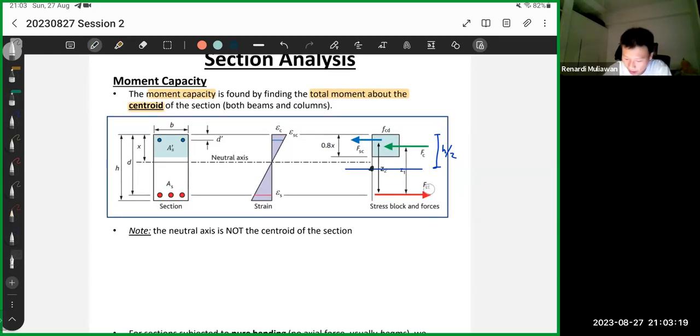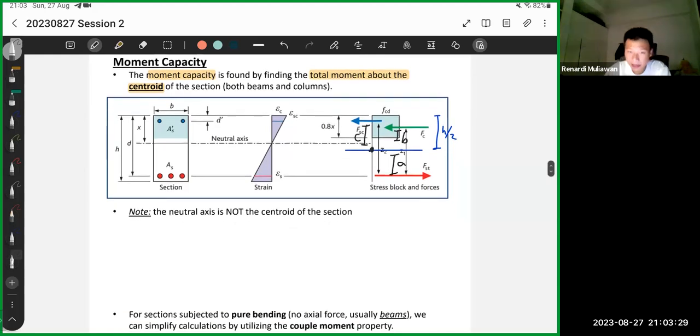Let's say this is A, this is B, this is C. So by right, what you should do is FST. The moment is FST multiplied by A plus FC multiplied by B plus FSC multiplied by C. So just take moment about the centroid.